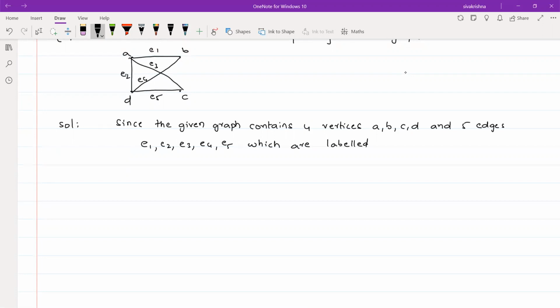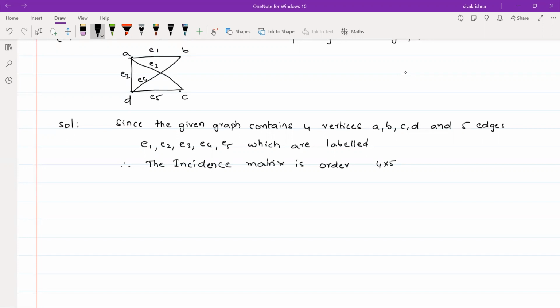Therefore, the incidence matrix is of order, since we are having 4 vertices, first we have to write 4, and we are having 5 edges, so that we get an incident matrix of order 4 by 5.